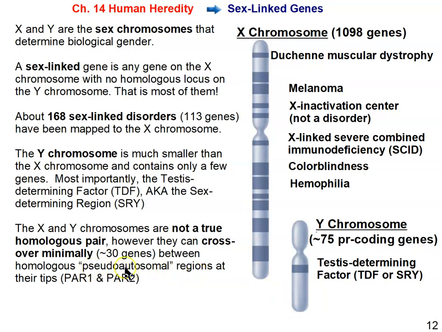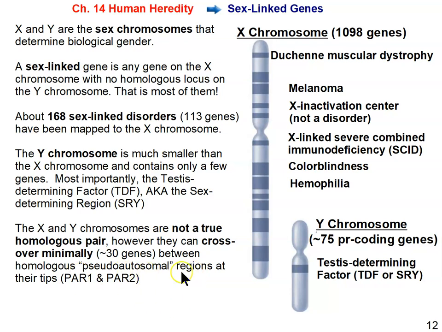Those are known as pseudo-autosomal regions because they behave like autosomal chromosomes. In other words, those genes will independently assort just as if they are on autosomes instead of sex chromosomes. And they go by PAR1 and PAR2 for pseudo-autosomal regions.